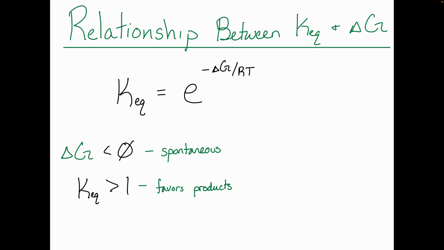So saying you have a negative delta G is the same thing as saying you have a reaction that favors the products. Both of these are one and the same pieces of information.